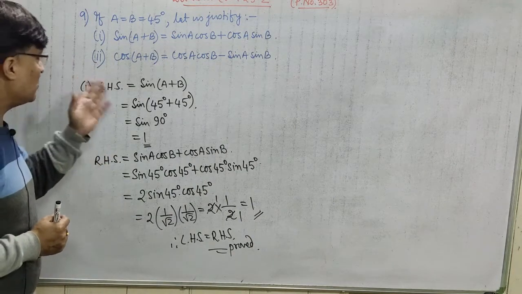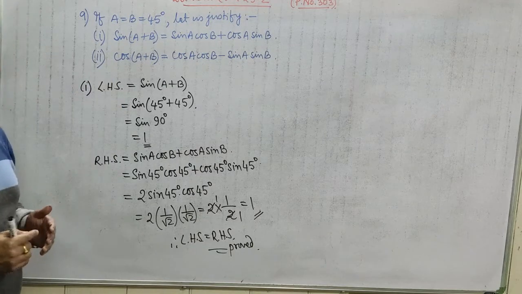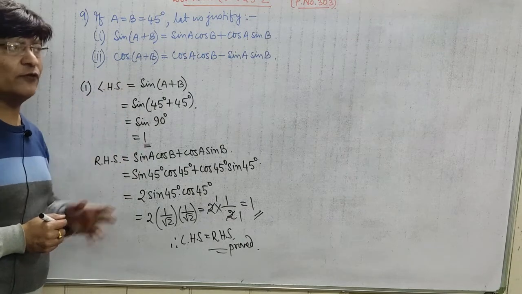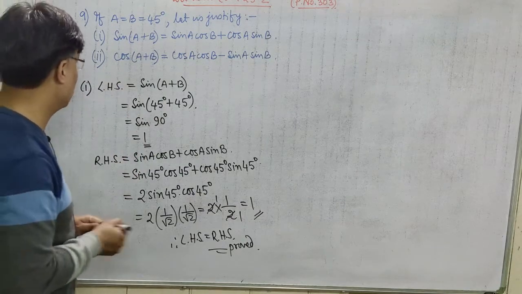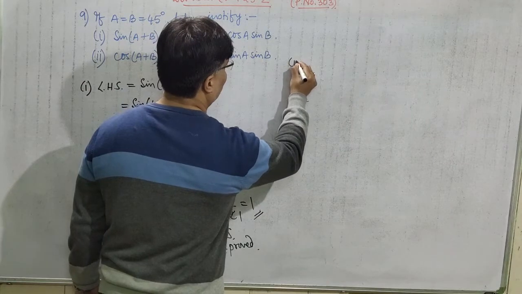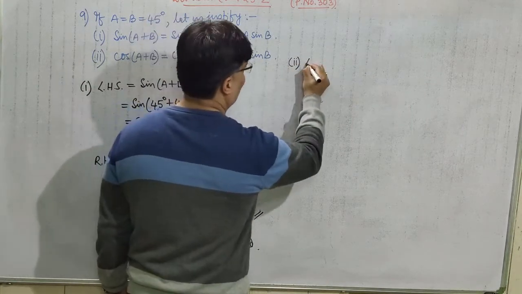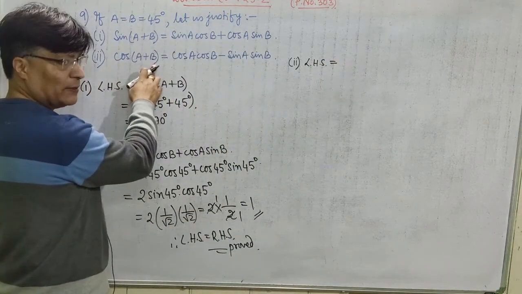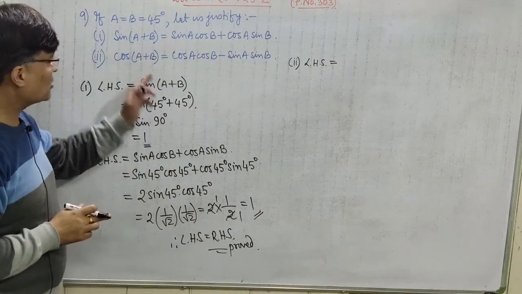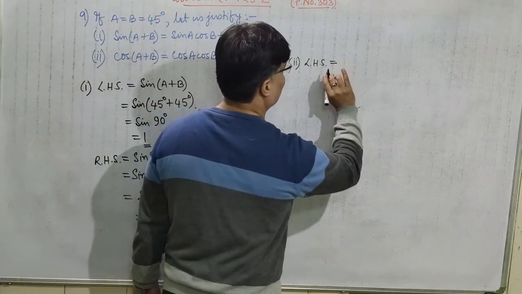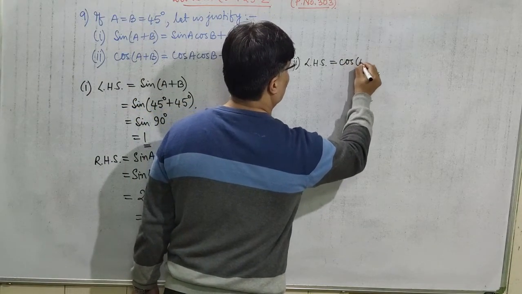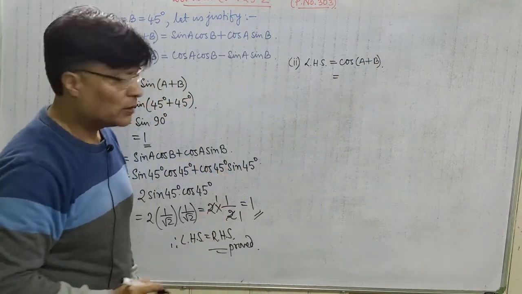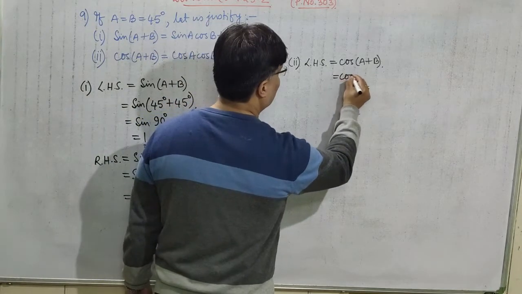Similarly you can justify, or prove, number 2. Here also in number 2, A is equal to 45 degrees and B is also 45 degrees. So let us prove this number 2. Now what is the left hand side? LHS is equal to cos(A + B).